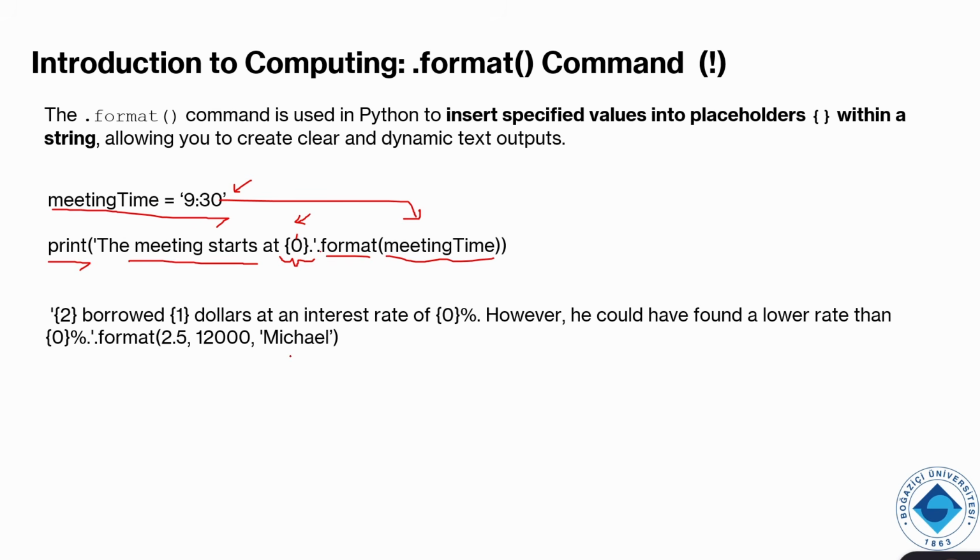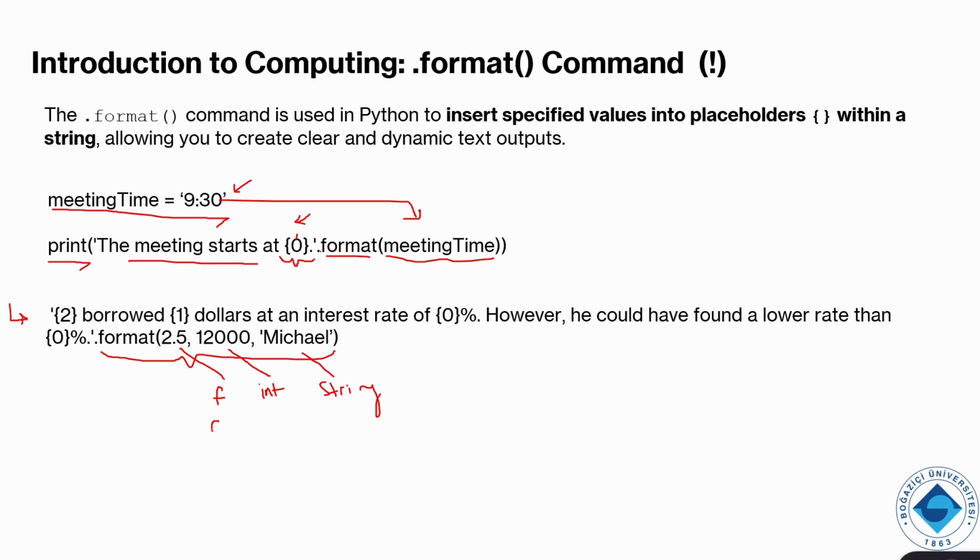If I want to give a more complex example, as you can see here, let's check this format section. We have 1, 2, and 3 different types of variables. That one is float, that one is integer, that one is string, right? So the index numbers start again from 0.